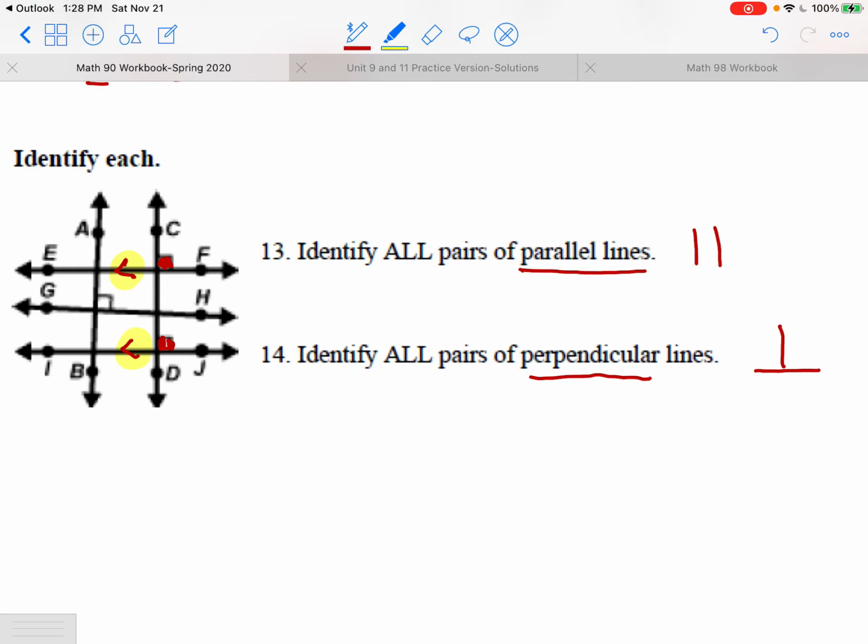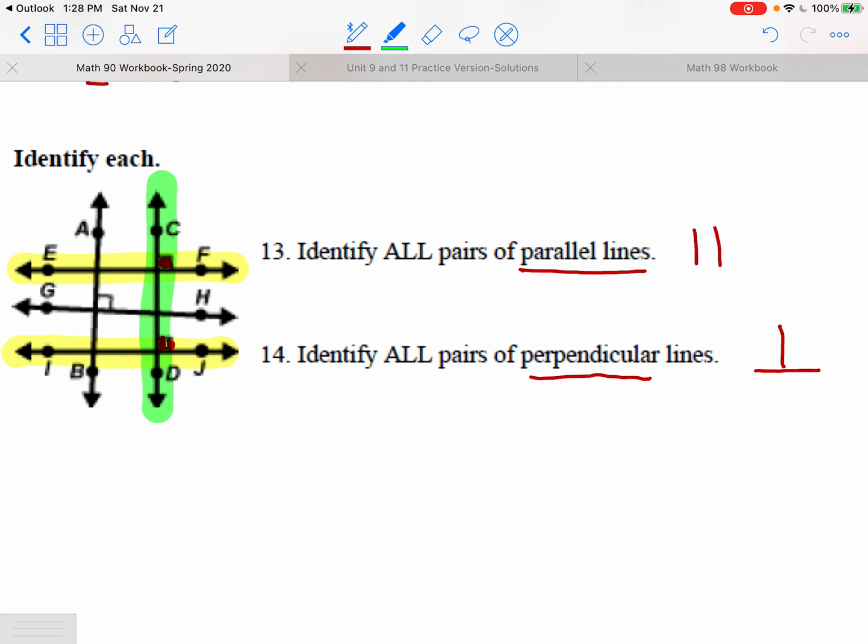But since we don't have those, I'm going to take those off. So the only way that we know 2 lines are parallel is these right angle marks that I have highlighted in red there. If both of those lines, so I'm going to highlight the actual line, this line EF and line IJ, both of those are perpendicular to this line right here, CD.